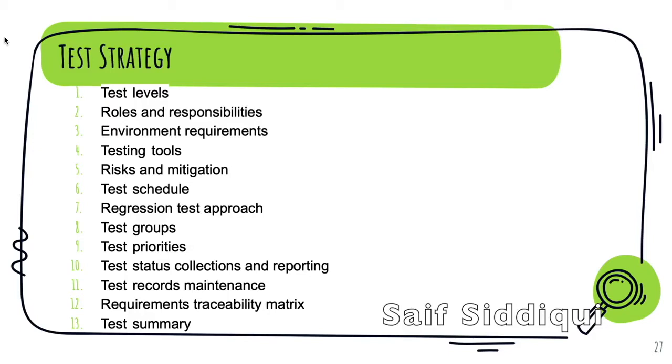We are going to define all those things, maybe in an Excel sheet or maybe any test management tool. Then there is test record maintenance. We are going to record all the previous status and the coming status we are going to maintain in the test record.